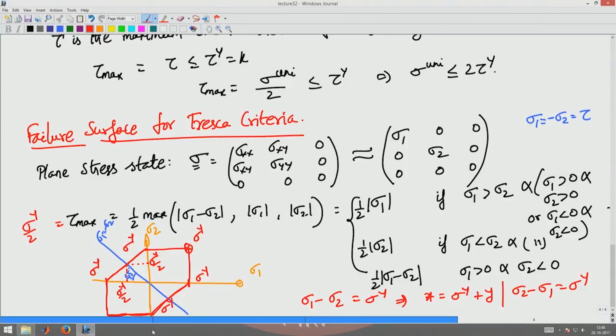Now, we have estimated the failure surface. If the stress state is within this region, it is safe. If it is on the surface, it has begun to yield. It turns out that no material can cross this surface, since it is a yielding surface.